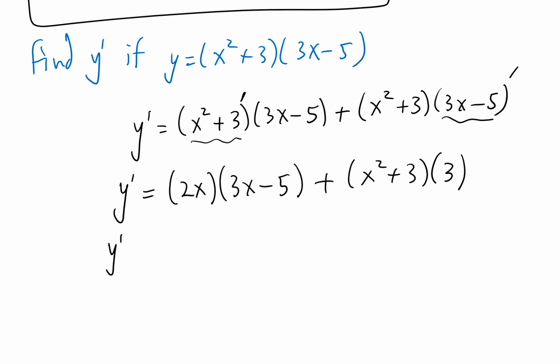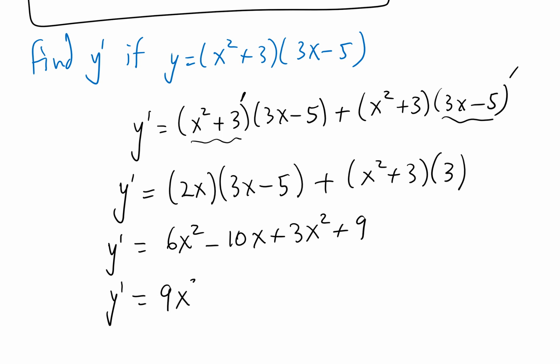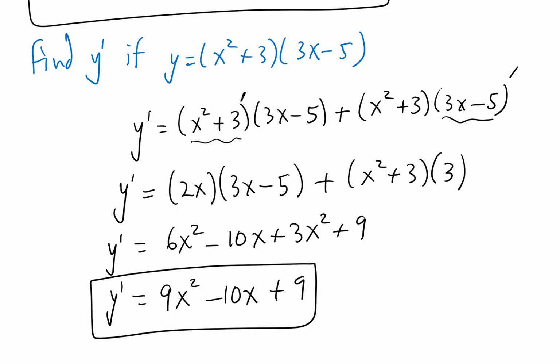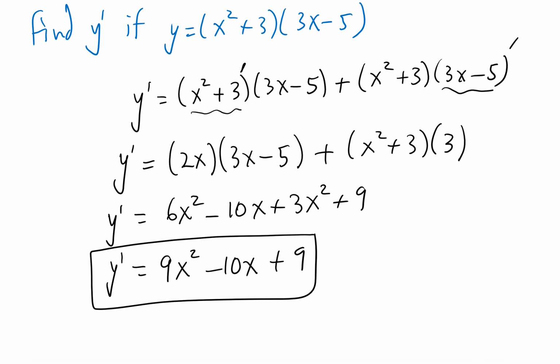So y prime, get used to it from now, distribute: 6x squared, minus 10x, plus 3x squared, plus 9. So y prime equals 9x squared minus 10x plus 9. See how we used the previous section? Any questions about this?